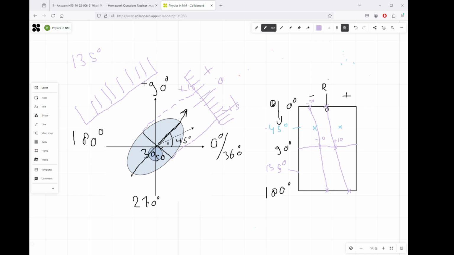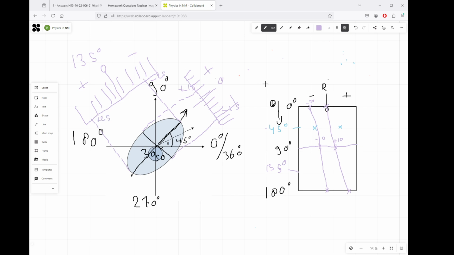Let's see. And now if we again look at the R from the ellipse, we will see a signal over here, and we get a signal over here. Again, this was 0 of the detector. This was the minus side. This was the plus side. So we'll get, let me do it correctly, minus 25 and plus 25.